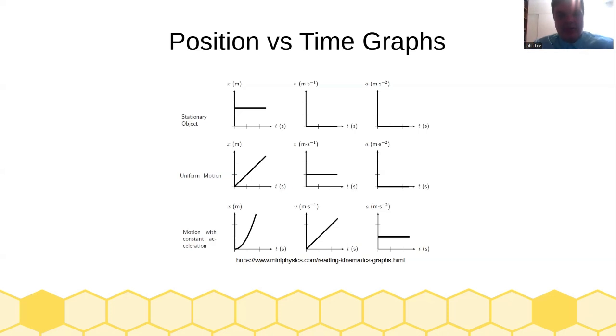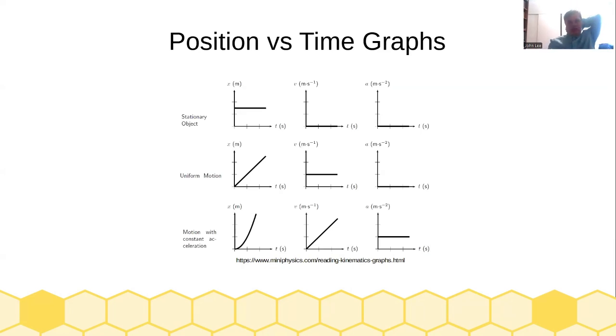For the last row, we have motion with constant acceleration, which is when acceleration is just a constant horizontal line. But what this means is that since acceleration is the rate of change of velocity, the velocity graph is going to increase linearly, like we were seeing with the position versus time graph when velocity was constant.